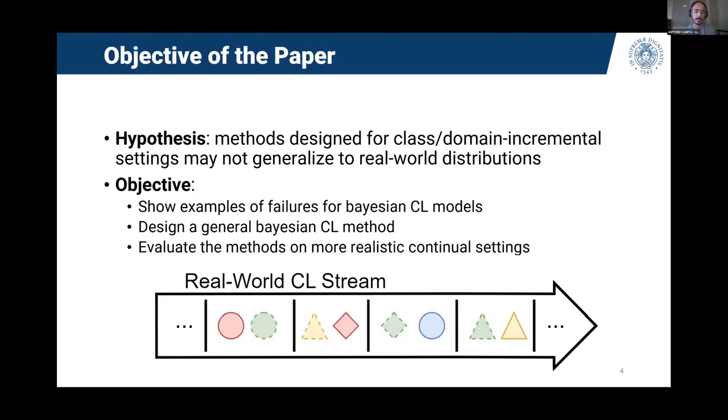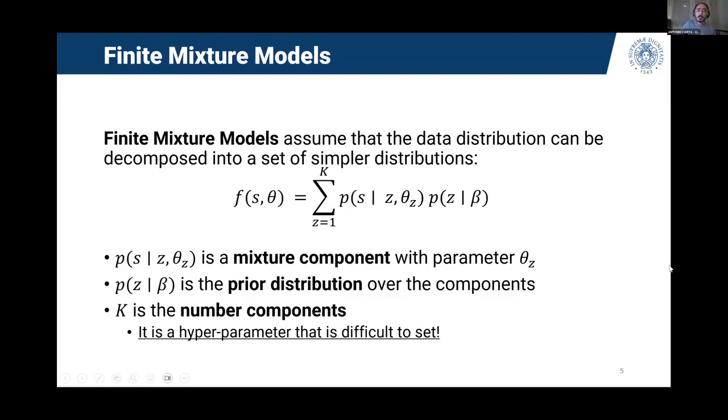So the objectives of this paper are to show some examples of failures of methods, specifically for the case of Bayesian continual learning models, and to design a general Bayesian continual learning method that can solve continual learning on realistic streams, and to evaluate these methods on a set of realistic benchmarks to show how and why they fail.